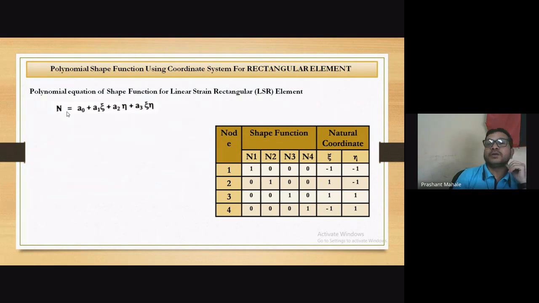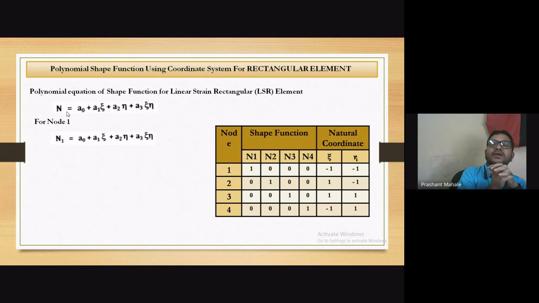If I go for n1, then the shape function is going to be like this: a0, a1, a2, and a3, which we also used as alpha in previous cases. So a0, a1, a2, a3 are constants, and zeta and eta are the natural coordinates in those particular directions.